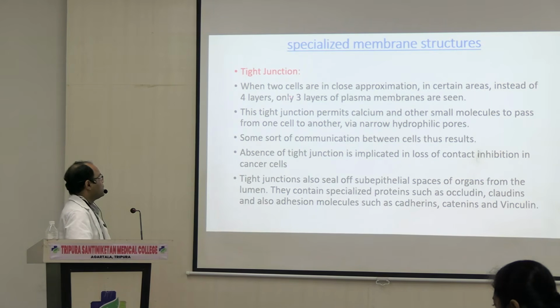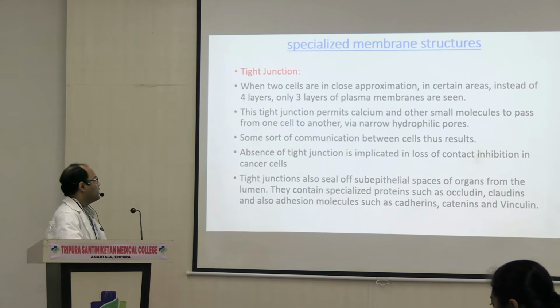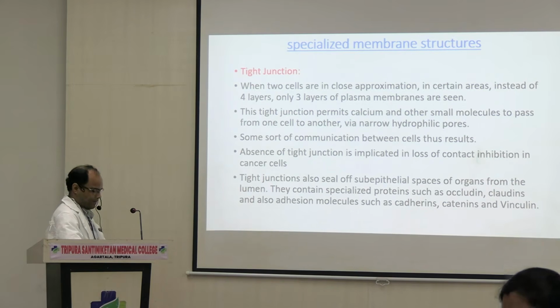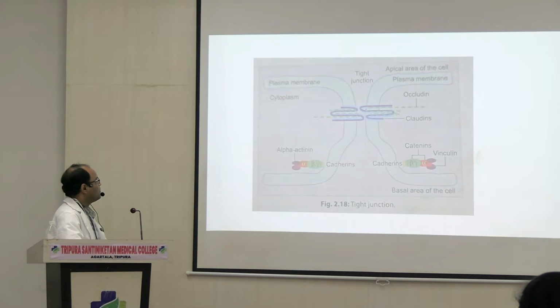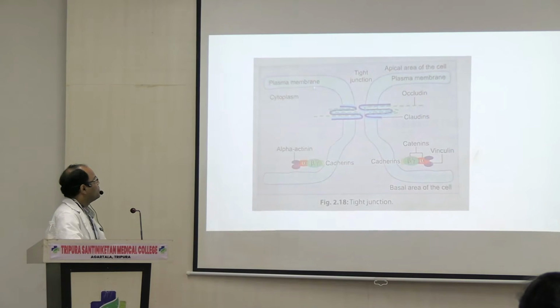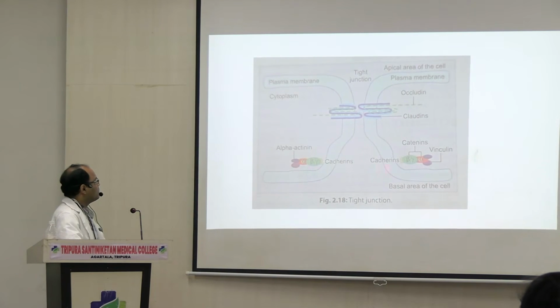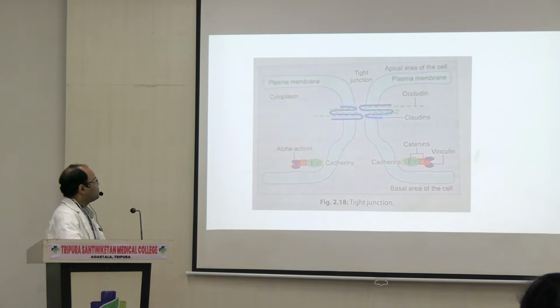Tight junction means when two cells are in close approximation in a certain area, instead of 4 layers, we only have 3 layers of plasma membrane sealed. So this is an example. Here you can see 1, 2, 3, 4. In tight junctions we have literally 3 layers, 1, 2, and 3.